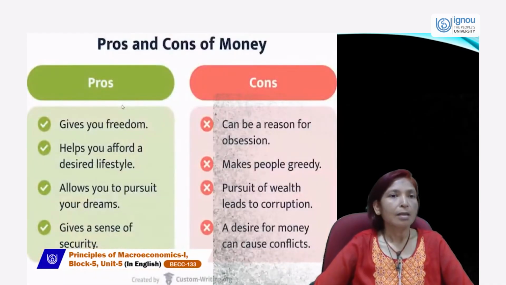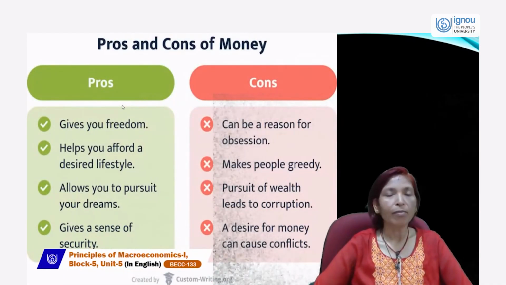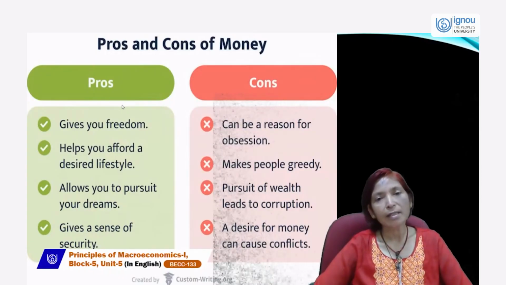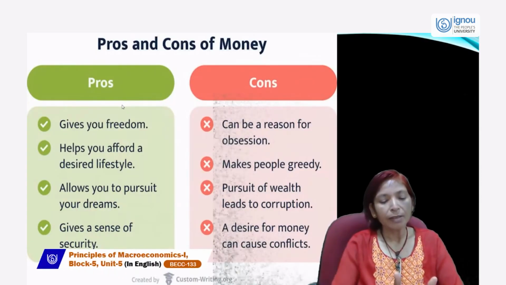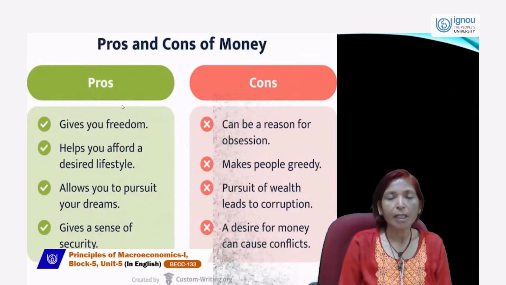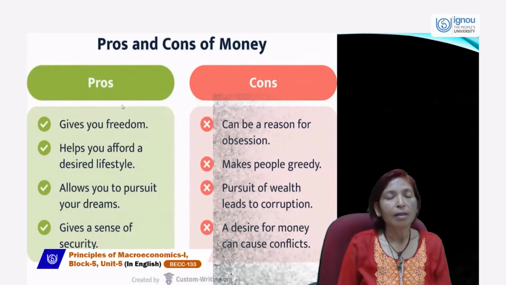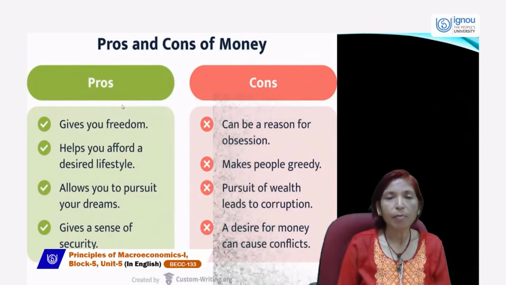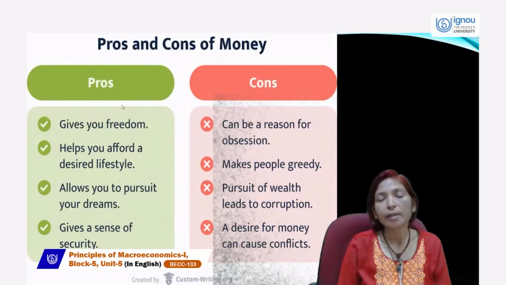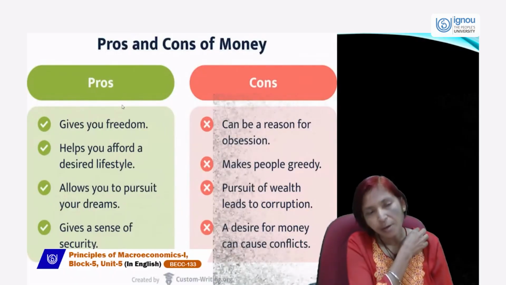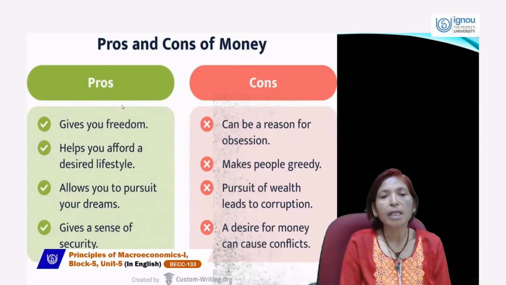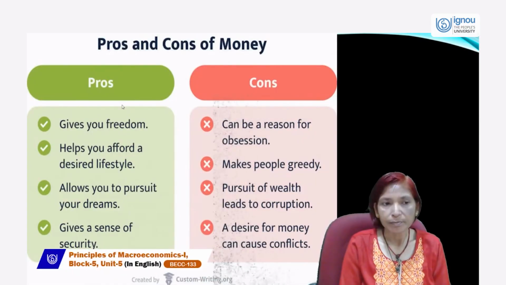Next are some pros and cons of money. Each and everything has two main sides. Each coin has two sides. In the same way, money has some positive and negative impact also. The positive impact is that money gives you freedom.